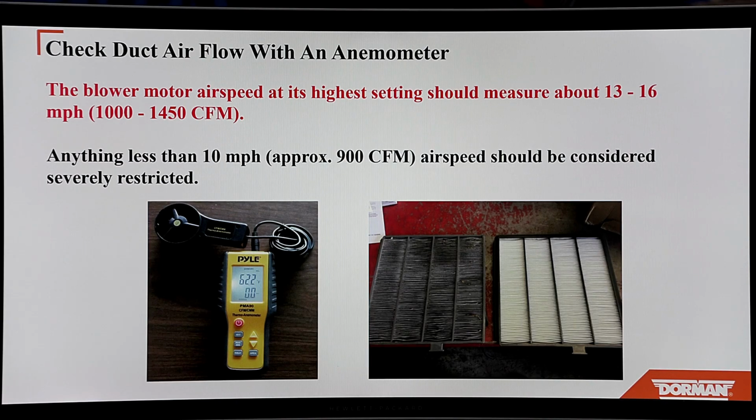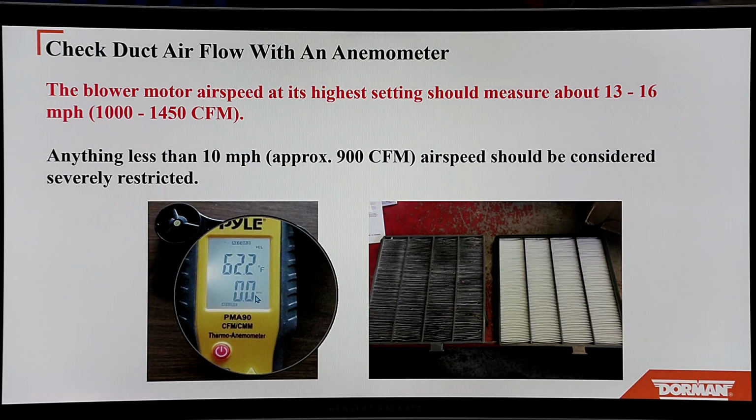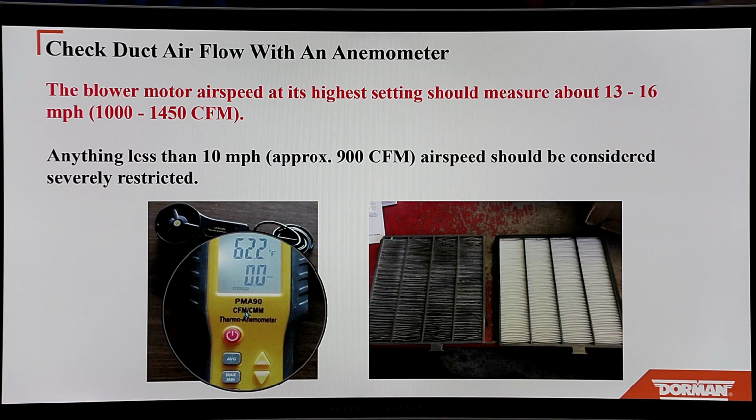Okay, now, another thing always to check is, am I getting enough airflow out? Now, my fat ass doesn't want to get under the dash all the time and start taking out cabin air filters. Yeah, some are easy, some are a pain in the butt, right? So this little tool here, called an anemometer, this will tell you the temperature and the airspeed.